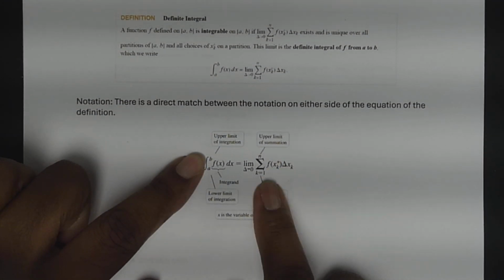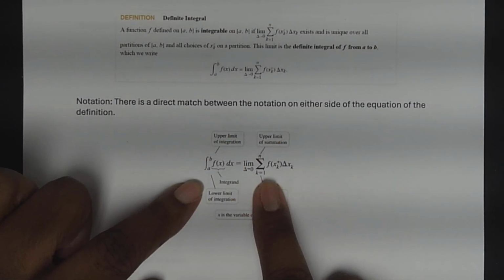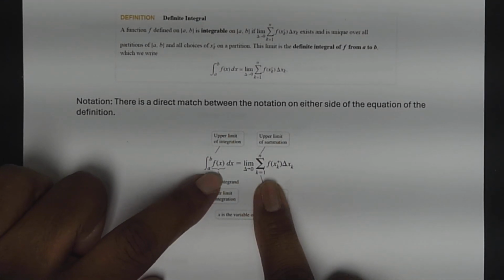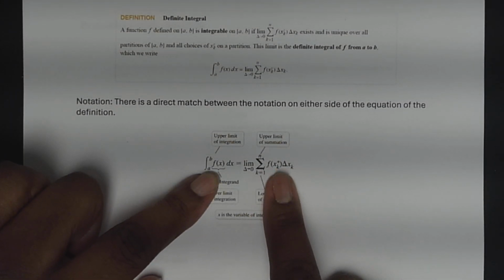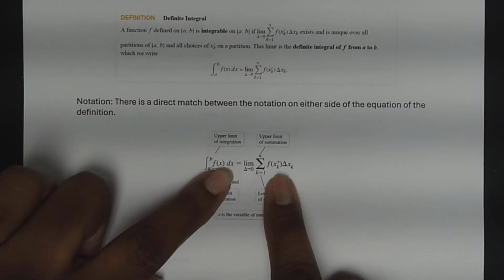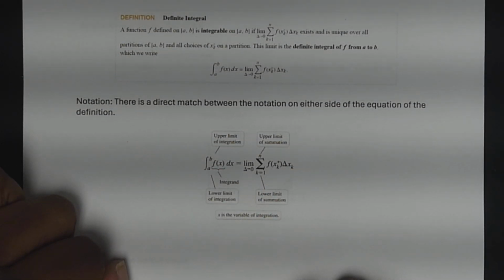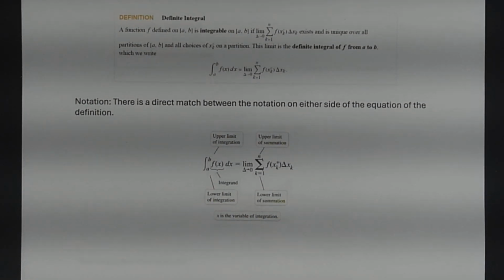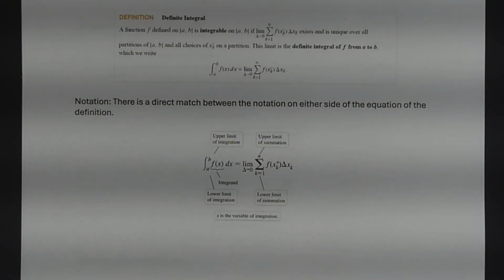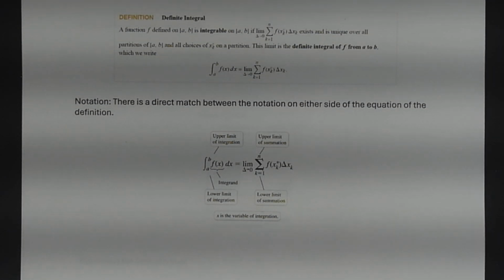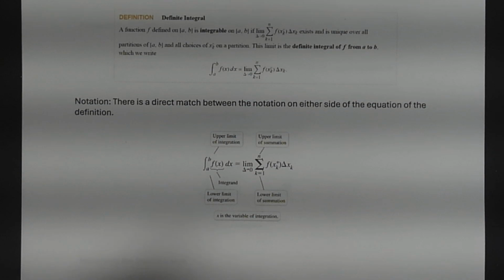Same thing here. Lower limit is on the bottom, the upper limit is on the top of that sigma notation. And then you have your integrand, f of x. Same thing here, f of x star sub k. And then you've got dx, and we also have delta x in our sigma notation. Okay, so pretty much you can see the direct match between those two. And of course your x is going to be the variable of integration in this illustration.